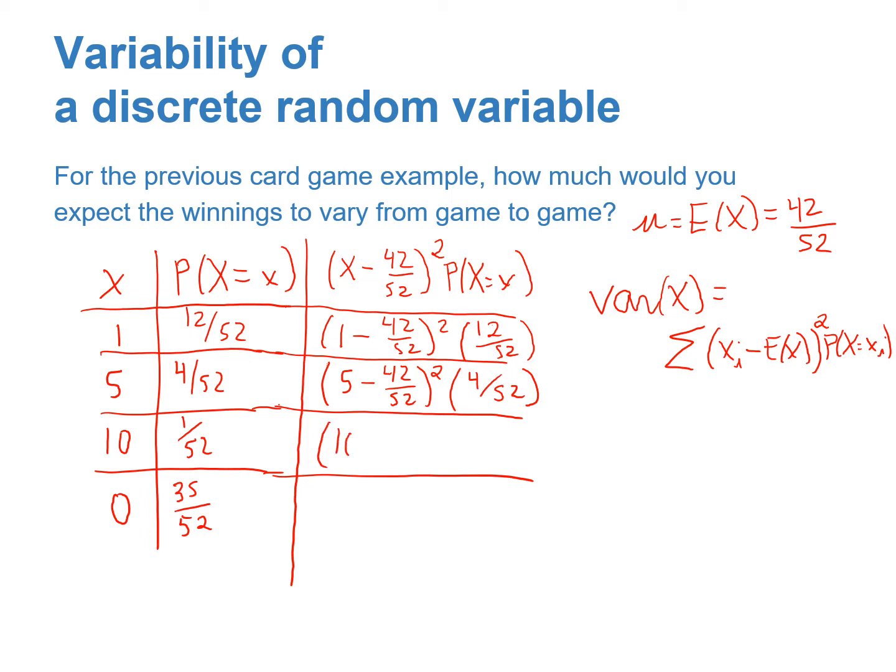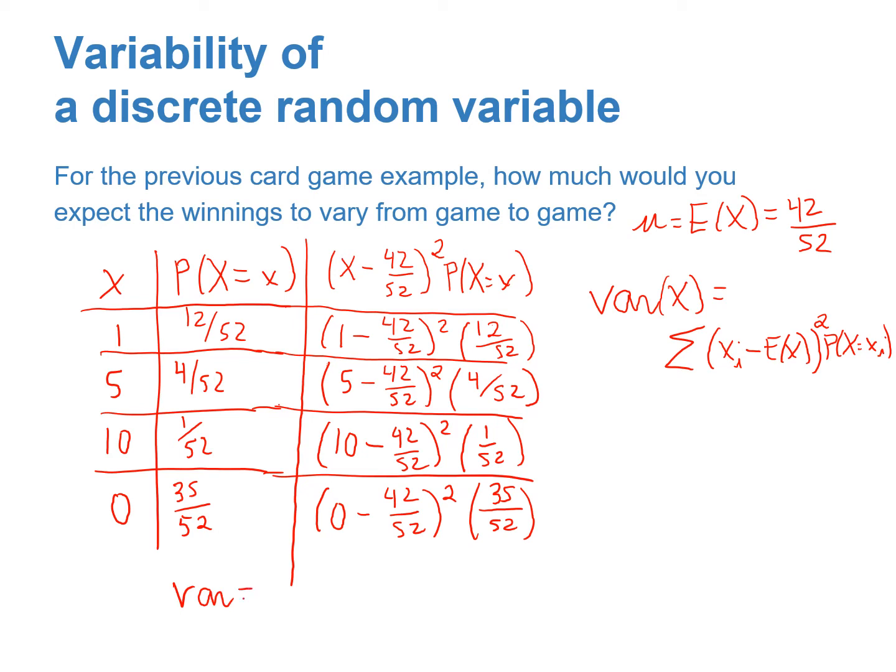X is 10 here, minus the mean, 42 over 52, squared times 1 over 52. And here I have 0 minus 42 over 52 squared times 35 over 52. And again, to find the variance, I'm going to just add those all up.